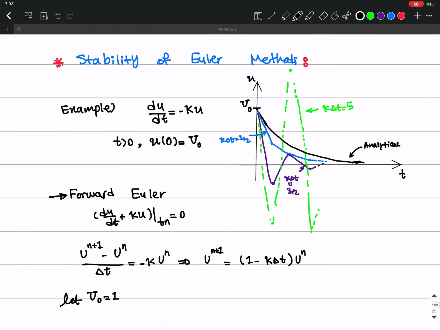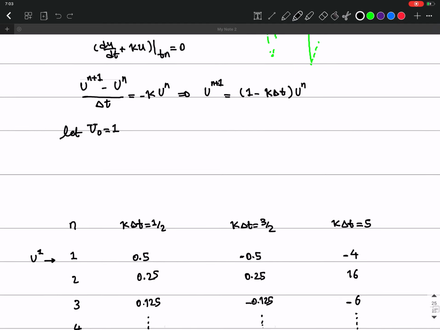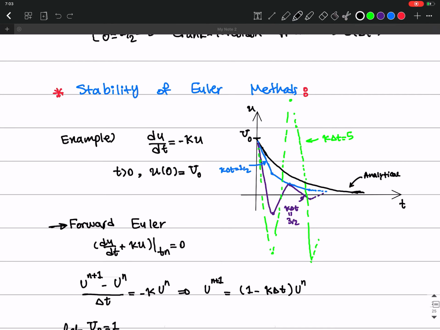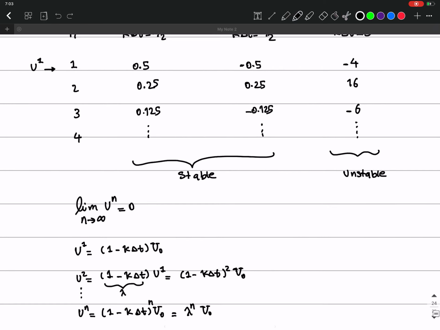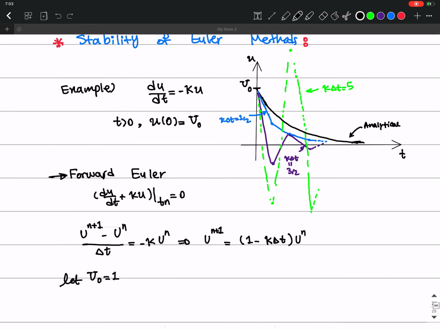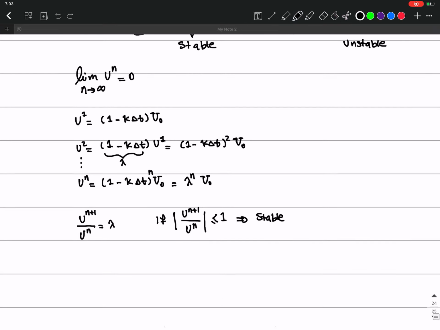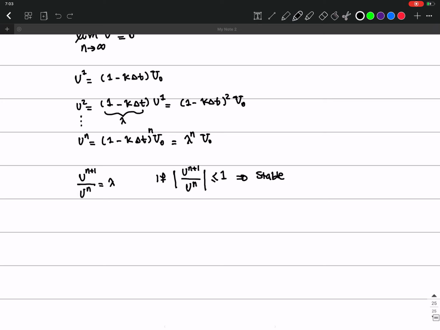So it means that if your solution is going down, your u_n is going down, then you are going to have a stable condition here for this problem. Of course, for different problems it's going to be different, but for this one. And if your solution is growing, like if u_{n+1} is greater than u_n, it means we will not converge to a value, so it's just going to blow up. The solutions are going to blow up, right? So it's going to be unstable.